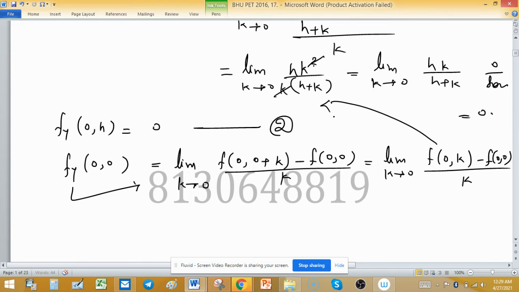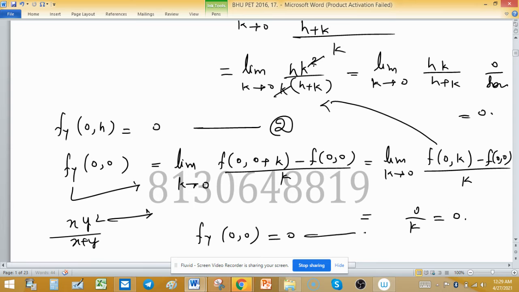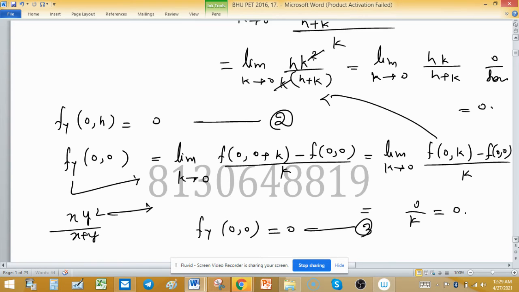So if you put it in this expression, because the function is defined as x y squared divided by x plus y, if one coordinate is 0, the numerator gives the value 0, so 0 upon k equals 0. So f_y at (0, 0) is 0. Call this equation 3.